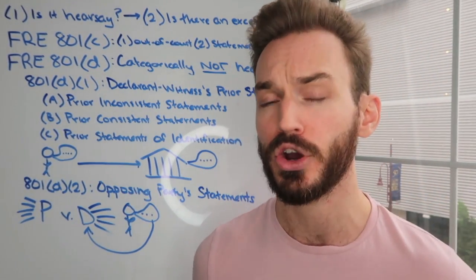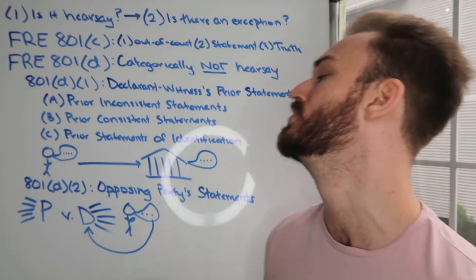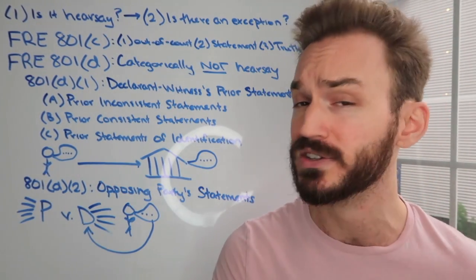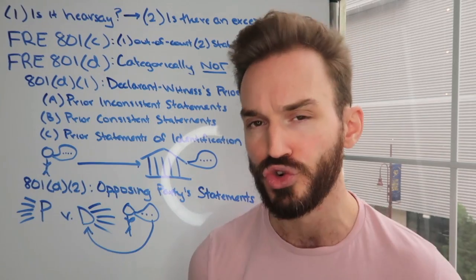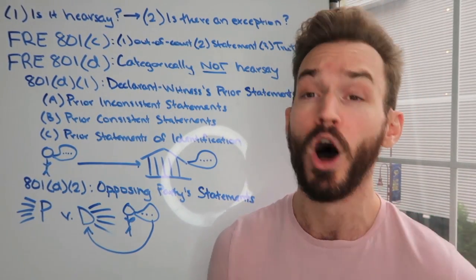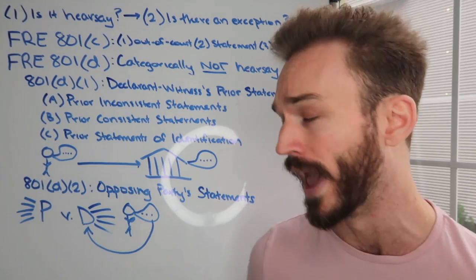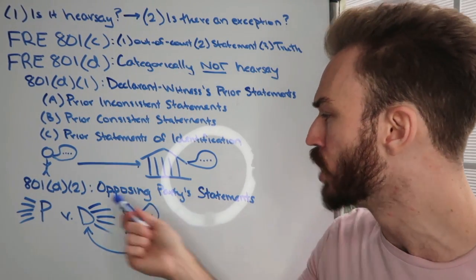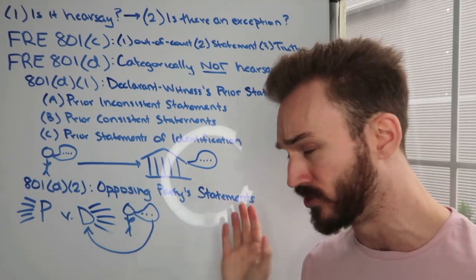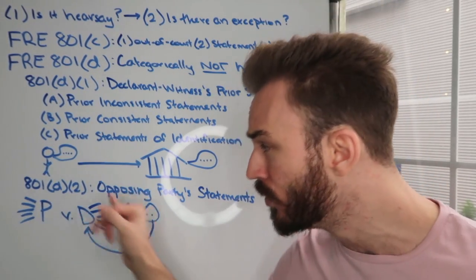So the key to remember under 801(d)(2) is it's a very easy rule. It's simple. It's just one sentence. But it's extremely important. Arguably the most important rule in all of evidence, at least in hearsay. This allows for so much room, right? This is the way our entire criminal justice system operates under 801(d)(2).